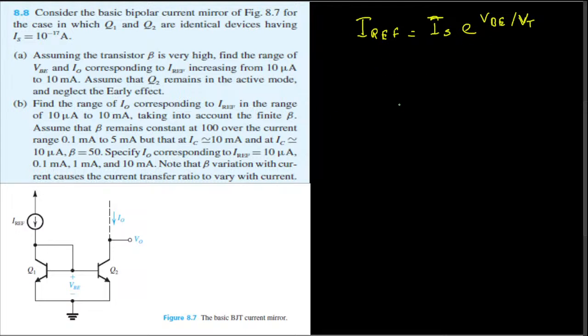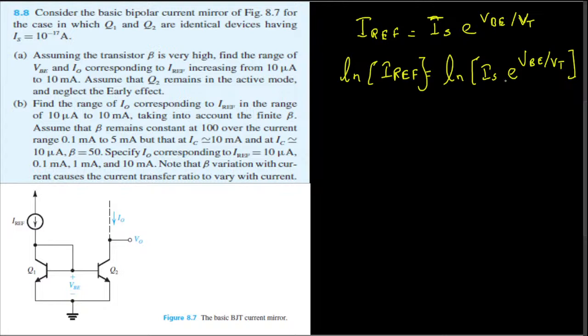In order to do that, I can take ln on both sides. So ln I reference is equal to ln of IS times e power VBE over VT. Now when we have ln of a multiplication, we can separate it into addition.